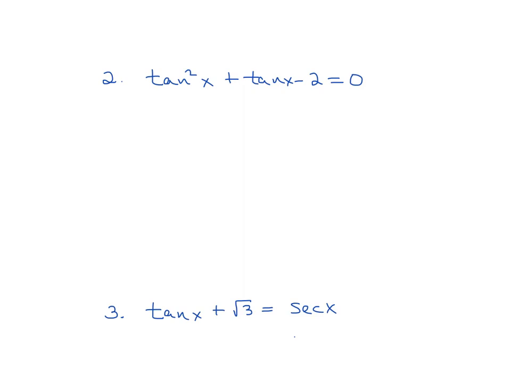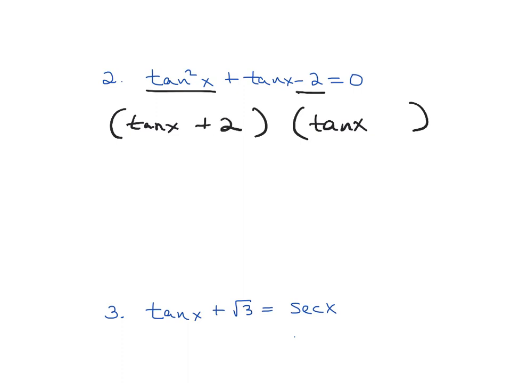My two binomials that I'm going to create, I'm looking for the factors of tangent squared, so that's just going to be a tan x and a tan x. And now I also need to put in the factors of -2. That will give me 1, so that's going to give me +2, because my middle sign is positive, and -1.